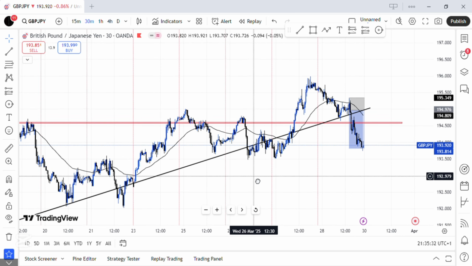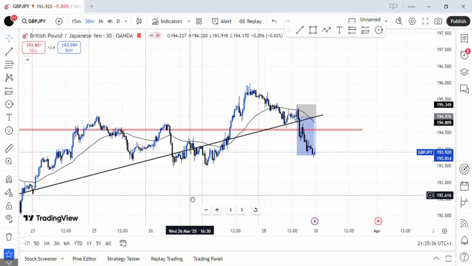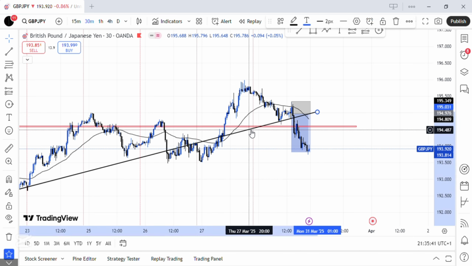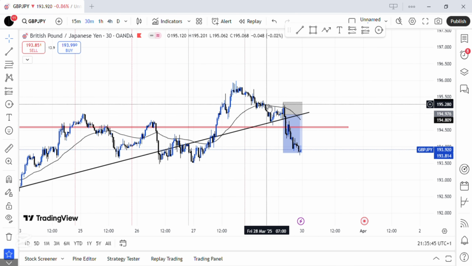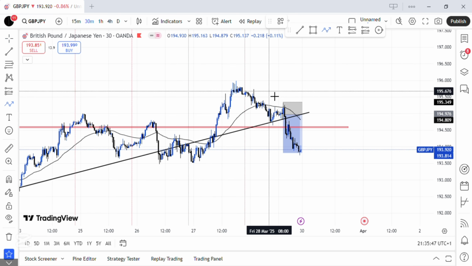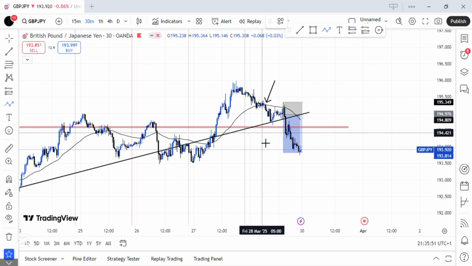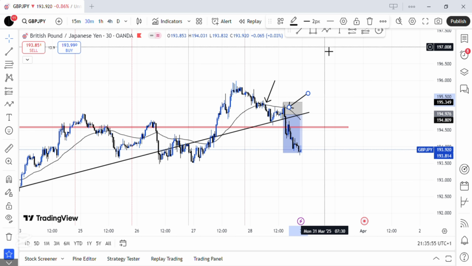Okay, now this is the 30 minutes time frame. How did I know that price is going to break? Watch this. This is a support zone, isn't it? This is a trend line. This is my exponential moving average. The price broke my exponential moving average right here. It gave me a momentum candle.